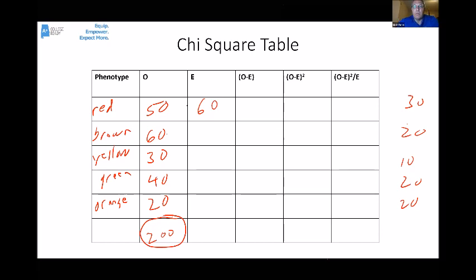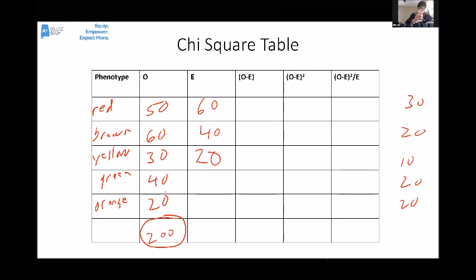For brown, we got 60, but we expected 200 times 20%, times 0.20, which would be 40. All right. For yellow, we got 30, but we expected 10% of 200. 200 times 0.10, which would be 20.